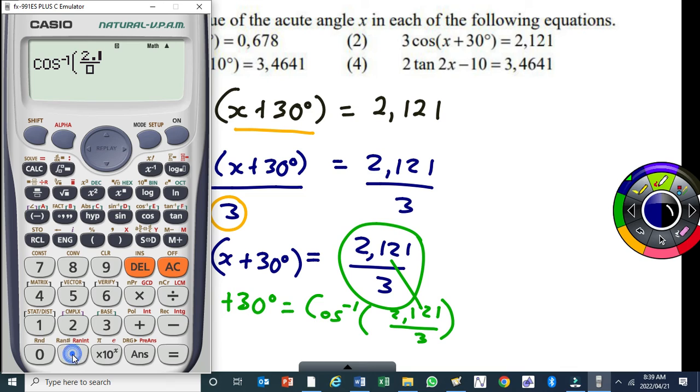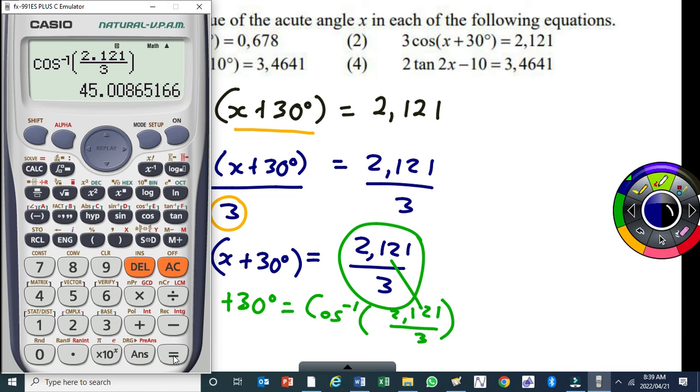This is 2,121. Then you put your denominator, that's 3. Then you close the bracket. I didn't bother to divide the 2,121 by 3 and write the answer down. You'll be wasting time. So then you click that.